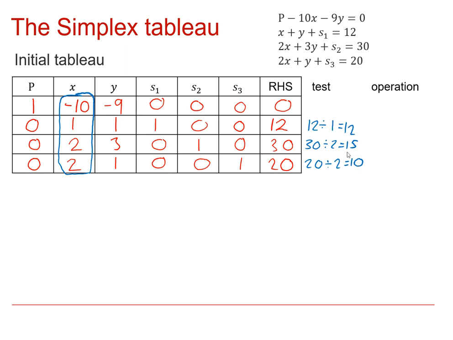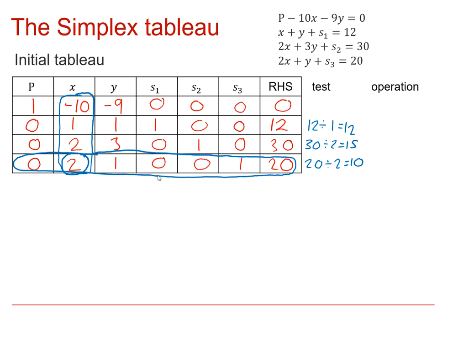But out of the positive numbers, I'm going to choose the least positive number, and that's this 10. And that means that this row is going to be my pivot row. And the element which is in both the pivot column and the pivot row is going to be the pivot element.